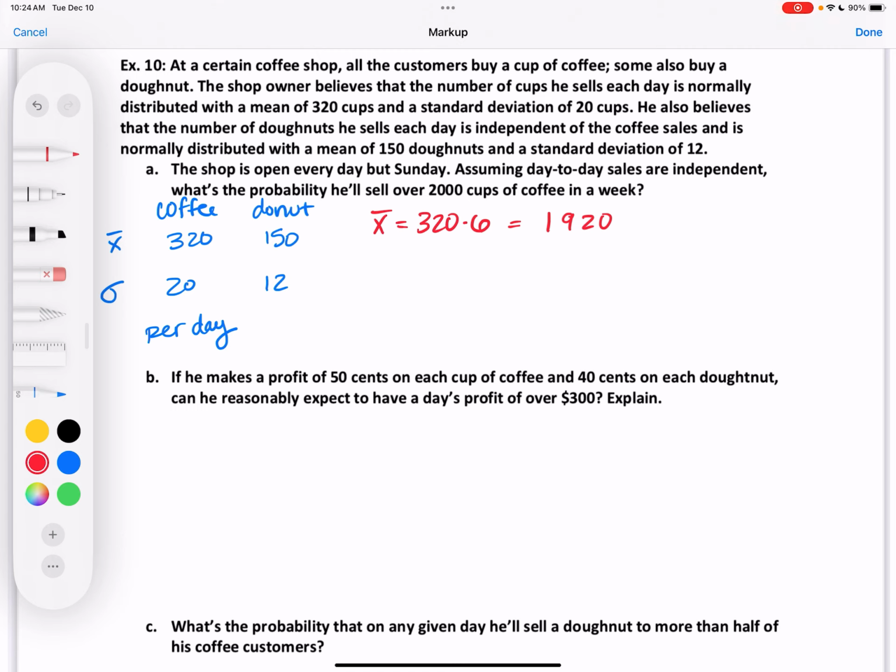How do I have to do the standard deviation? Yep, so it'll end up being the square root of 20 squared, which is the variance, times 6.